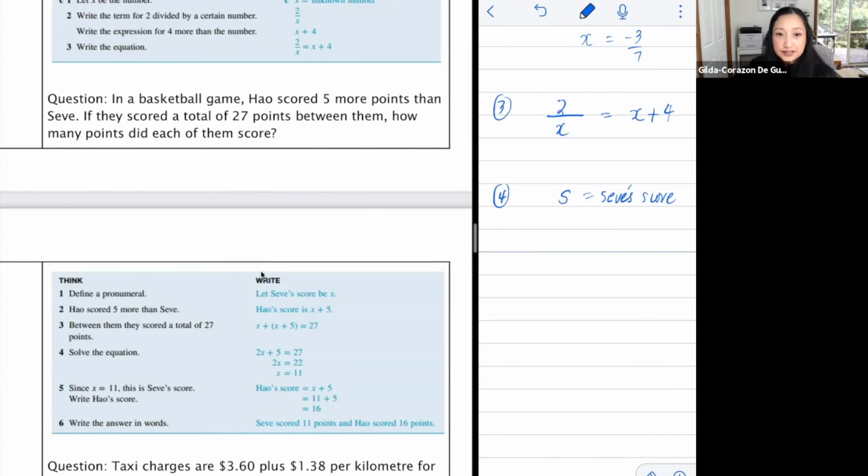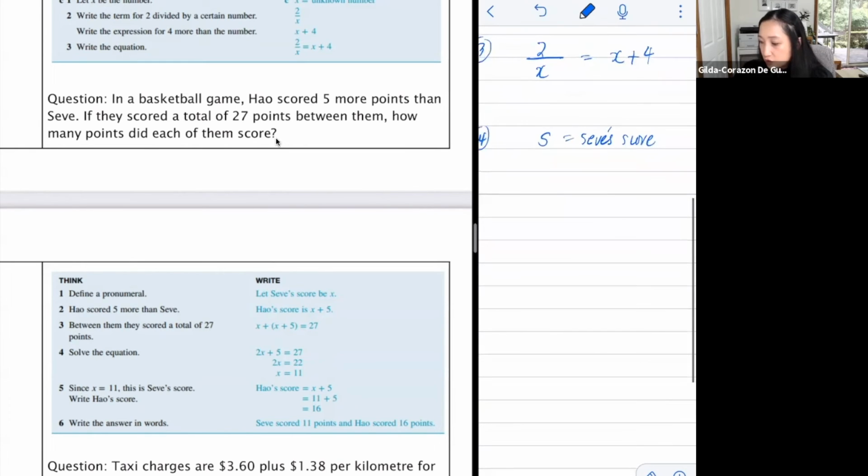Okay, so that later on you won't be confused whether you've represented X as Steve's or Howe's. Okay, so if S is Steve's score and it said that Howe scored 5 more than him, 5 more than Steve, then you could say that S plus 5 would be Howe's score.